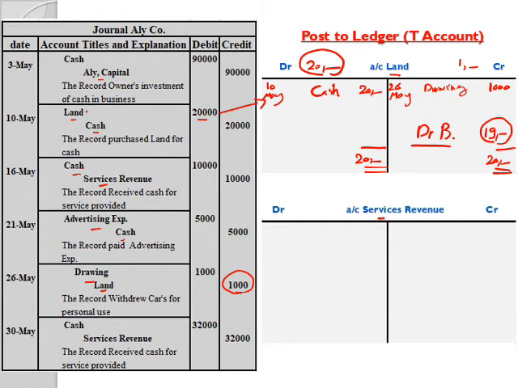Post to ledger, services revenue. Entry number 1 cash to capital, number 2 land to cash, number 3 cash to services revenue. The services revenue is recorded in the credit side, amount 10,000 pounds in the credit column, transfer to credit side 10,000 cash, date May 16.